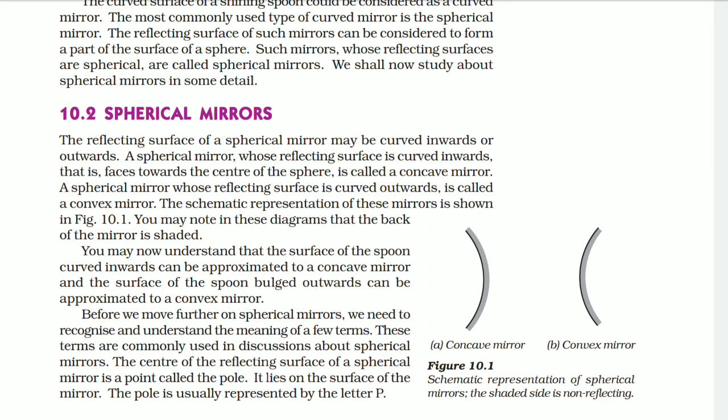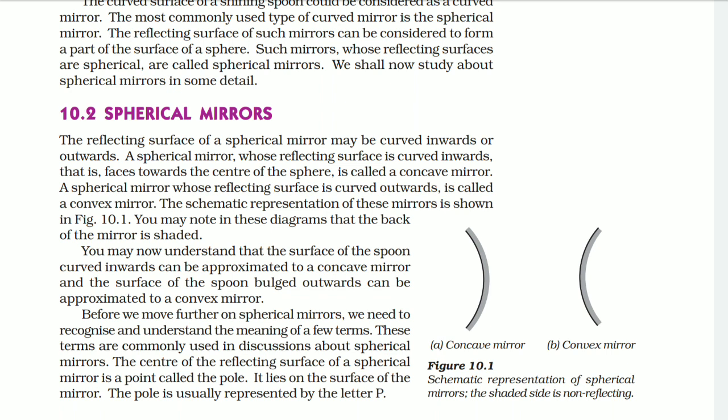The reflecting surface of a spherical mirror may be curved inwards or outwards. A spherical mirror whose reflecting surface is curved inward, that is, facing towards the center of the sphere, is called a concave mirror. A spherical mirror whose reflecting surface is curved outward is called a convex mirror.